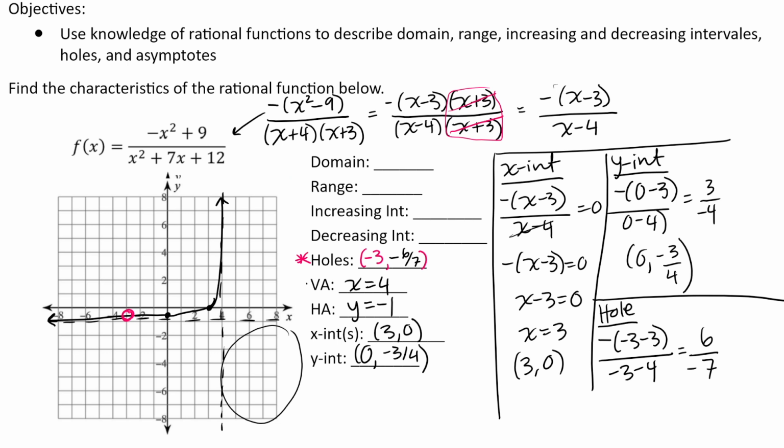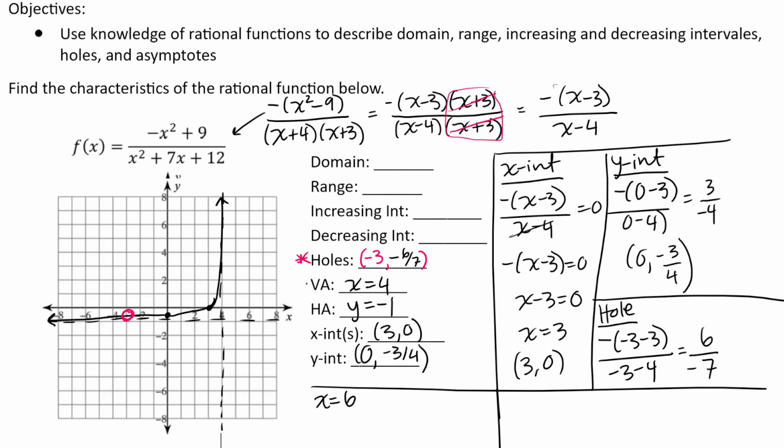Alrighty, let's go ahead and get 2 more x values. Let's do x equals 6 so that we get something down here in this part. If we plug it in, we have negative (6 minus 3) over (6 minus 4).